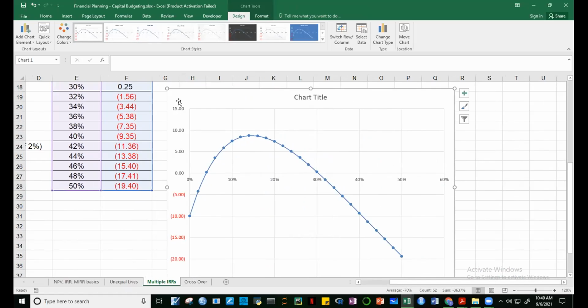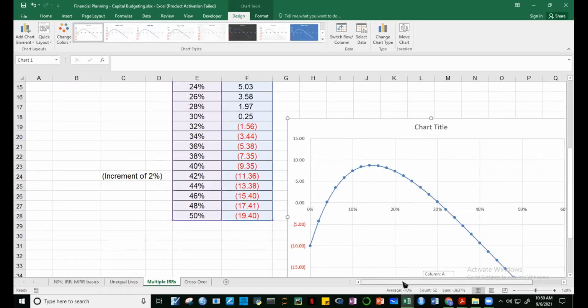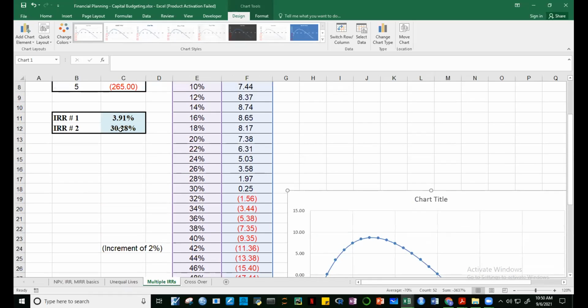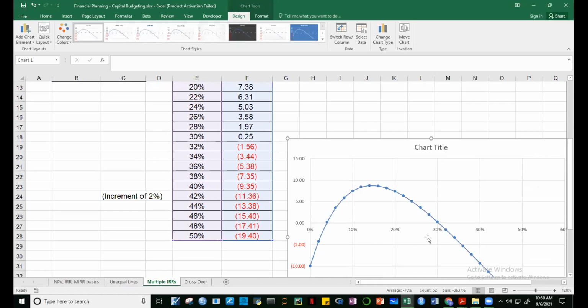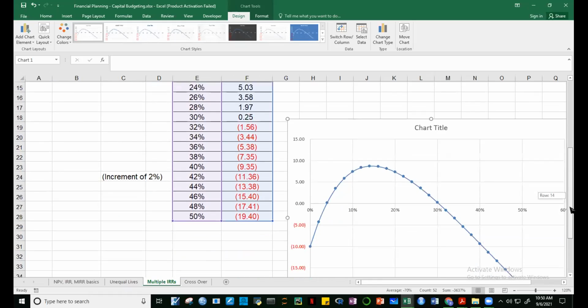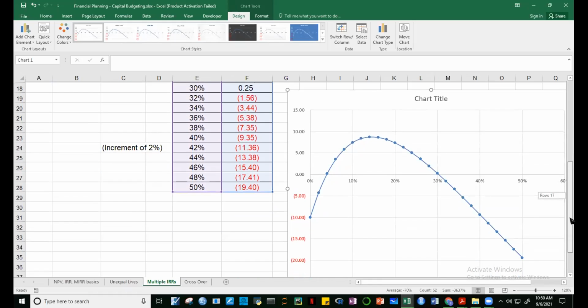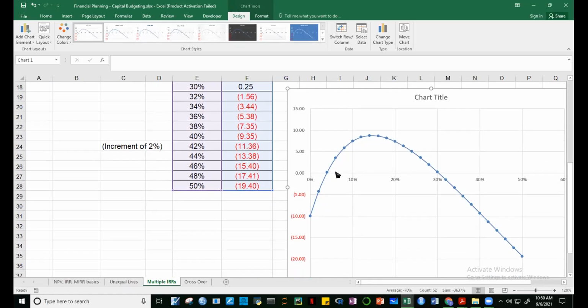Kasi guys, ito yung NPV natin, no? At this line, yung y-axis natin, 0 yung NPV. And notice, dalawang beses siyang tumama dito sa x-axis. Ito yung 3.91%. This one at 32.28%, where the NPV is equal to 0. So 2 times, no? So here we were able to prove graphically na dalawa nga yung IRR, kasi dalawang beses nagkaroon ng NPV is equal to 0.